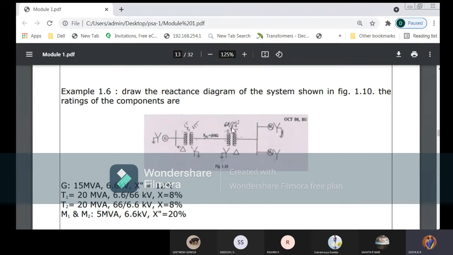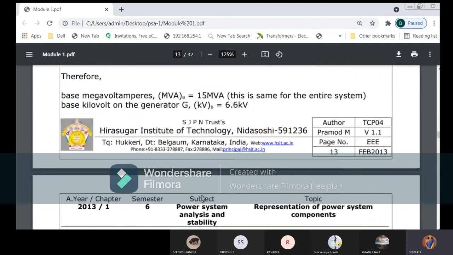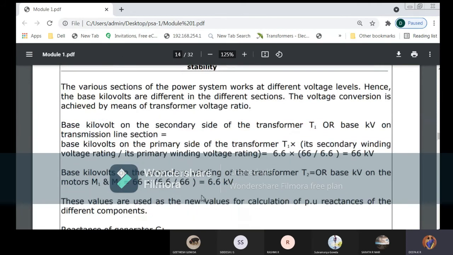So the LT value is 6.6 into 66 by 6.6. Again 6.6 and 6.6 get cancelled and you get the same answer of 66. So it is your choice to select the primary or secondary section. The first one we did, and this kV value is applicable for both transformers: new ratings 66 and 66.